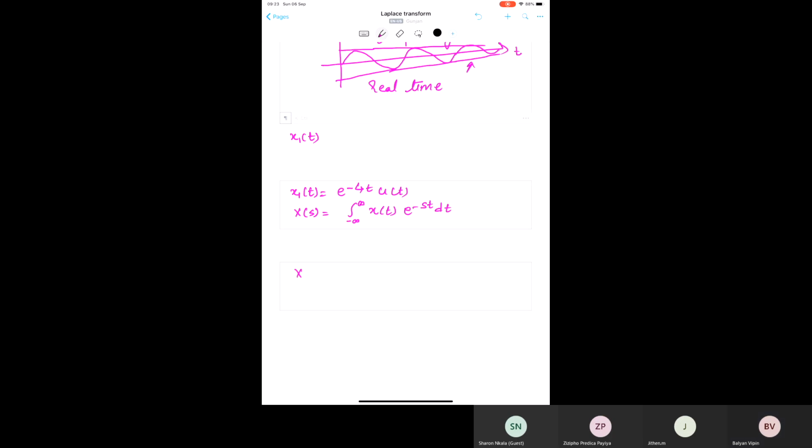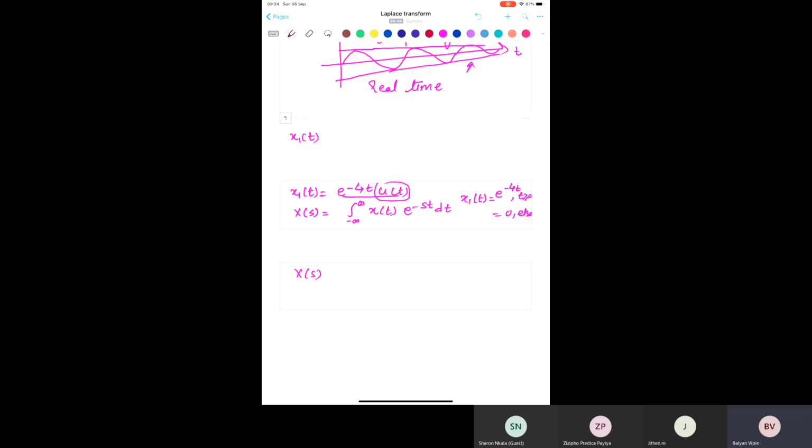And then if I bring this thing into the picture, x1(t) is equal to e raised to the power minus 4t, and 0 else. We have u(t) here and we have another signal here, e raised to the power minus 4t.